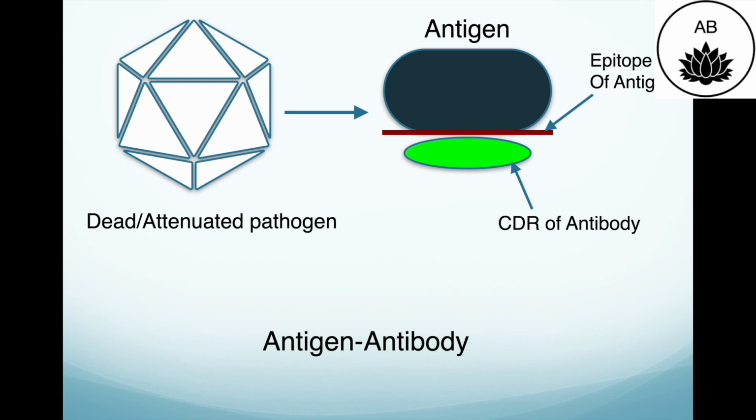So the immune system gets prepared, whereas the pathogen being dead or weakened is unable to cause much harm to the host. So when the live pathogen actually attacks the host, the immune system is already prepared and the response of the immune system is much faster. That way, the damage to the host is much less or null.